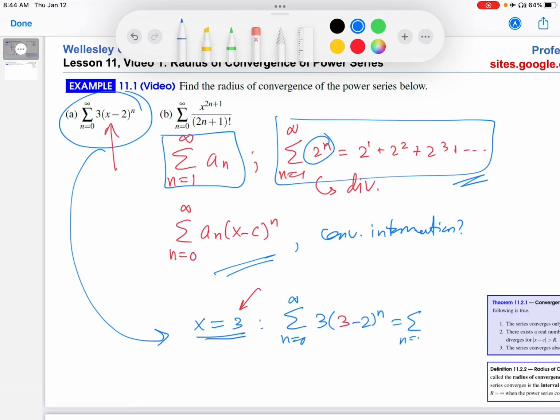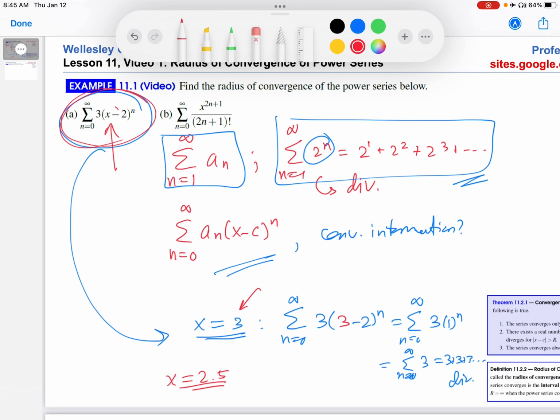That leaves me with the infinite series of numbers, 1 to the n times 3. 1 to the n is just 1. So this is the infinite series 3 plus 3 plus 3. This diverges. But we can't take that and then say this power series diverges, because look what happens if I plug in, let's say, x equals 2.5.